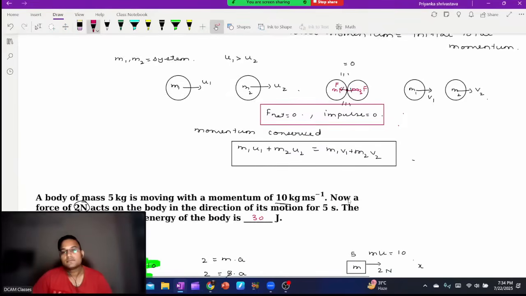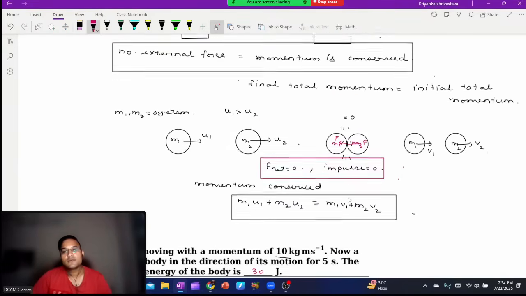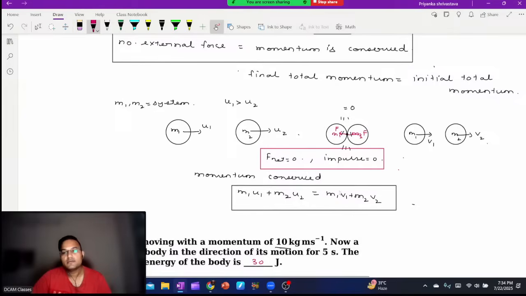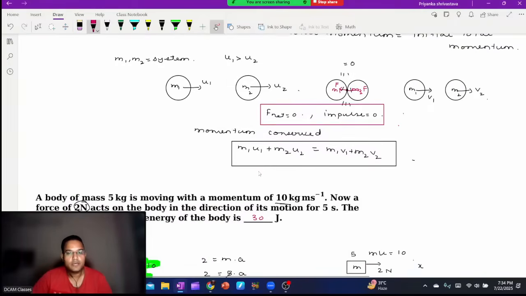So they didn't cover conservation of momentum yet. But I have covered. But if they did not cover it, how are you able to apply the conservation of momentum? How did you get the idea? You saw it on the internet. No, sir, I saw it. Then how did you get the idea?